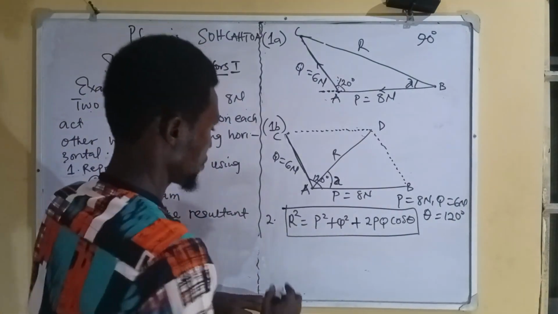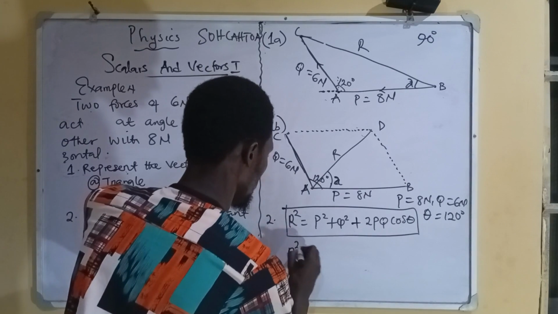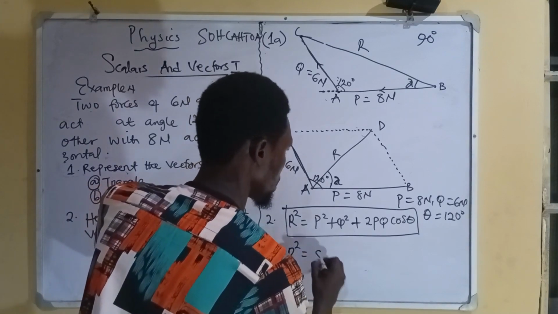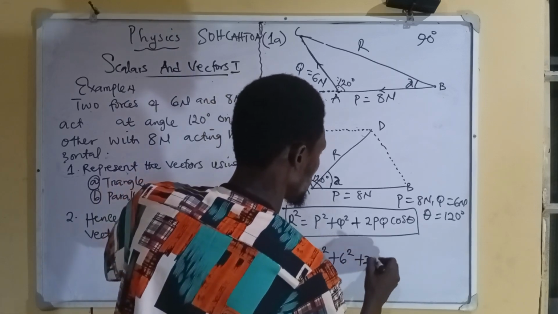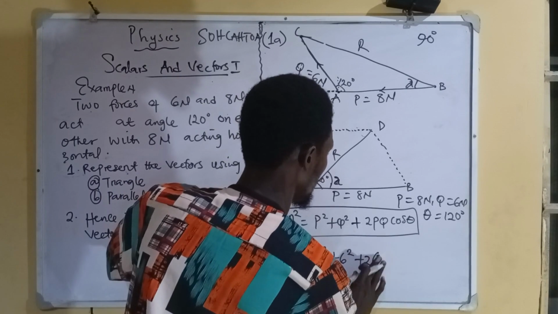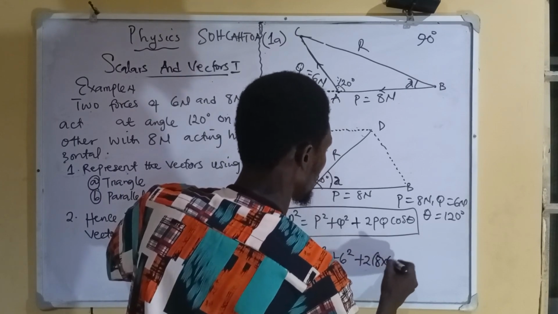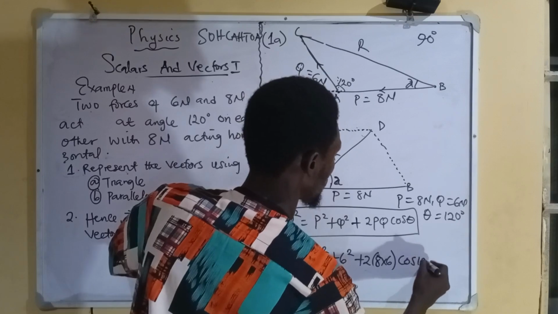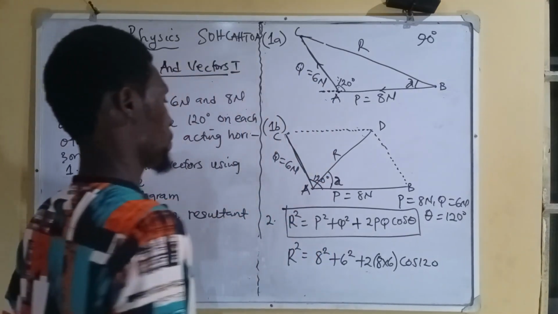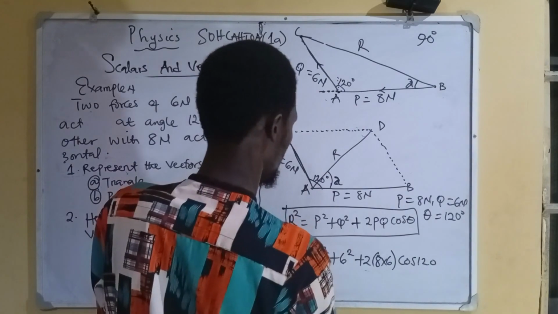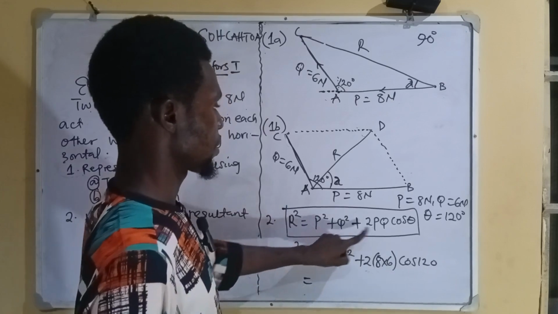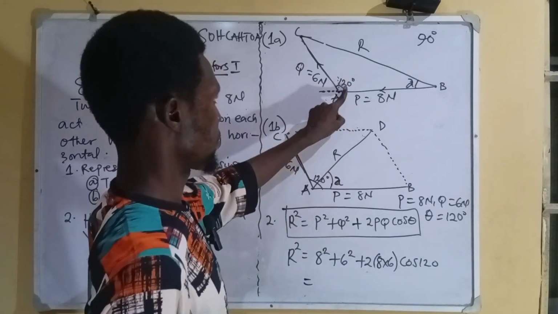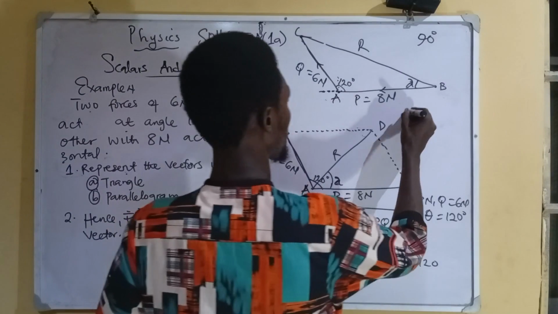So you are going to have r squared equals 8 squared plus 6 squared plus 2 times 8 times 6 cos 120.